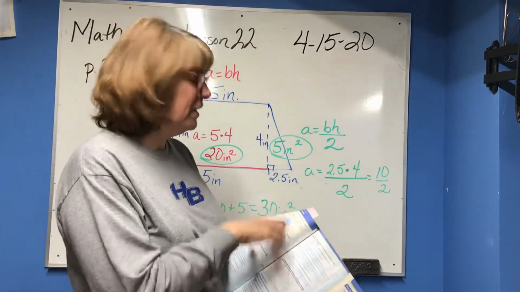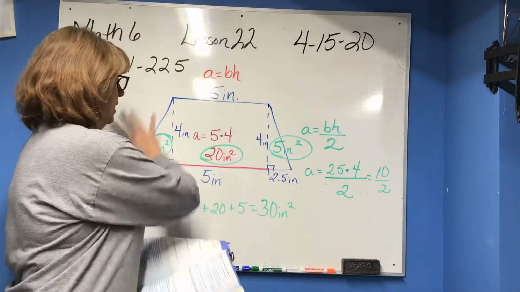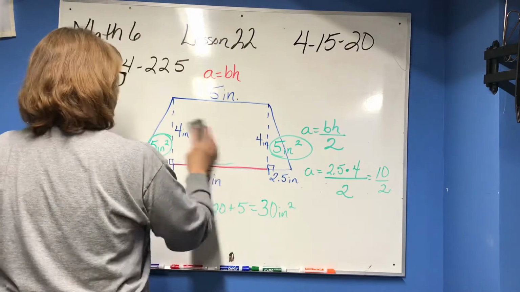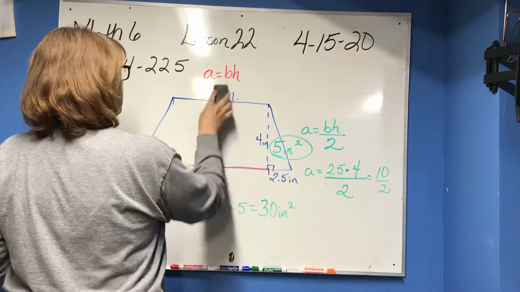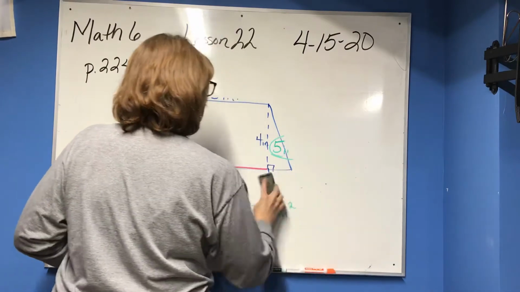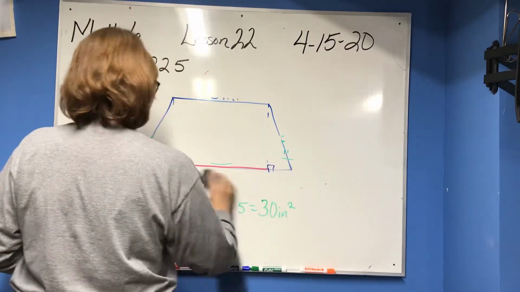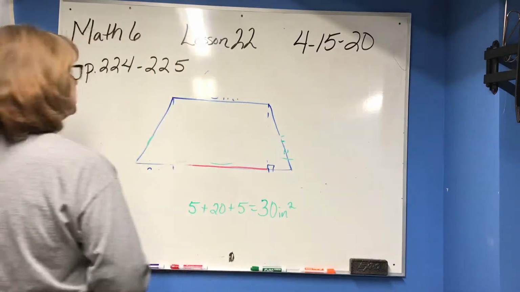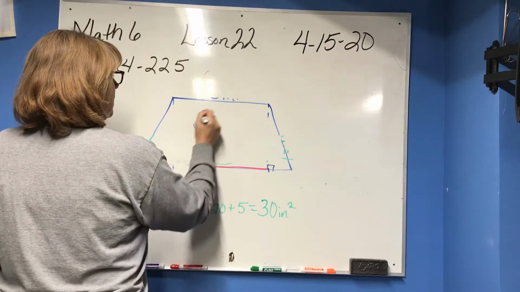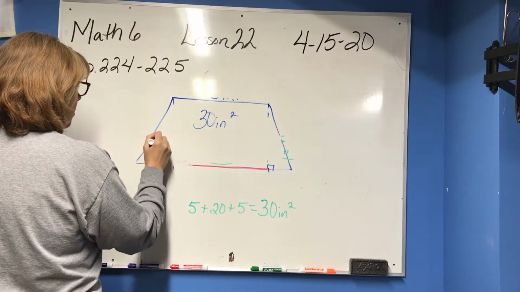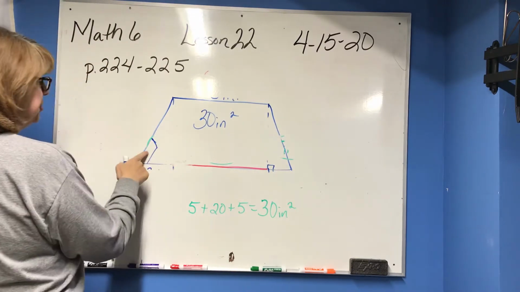So if I know that this whole thing is 30 inches squared, let's clean house a little bit. Let's just make this look a little easier to read. Okay, this whole thing is 30 inches squared. And I want to know, how much is one of these?